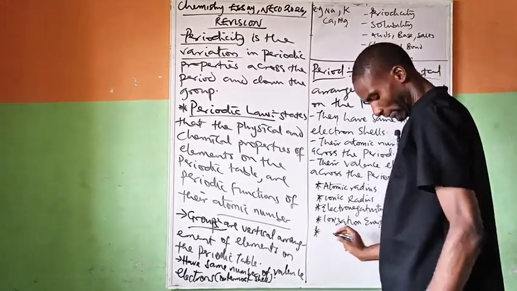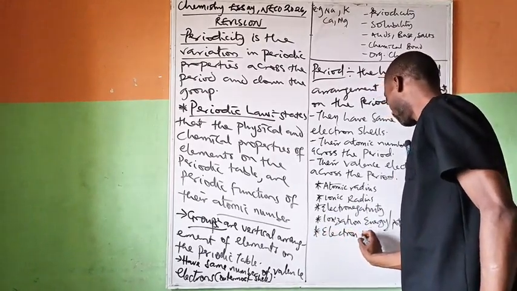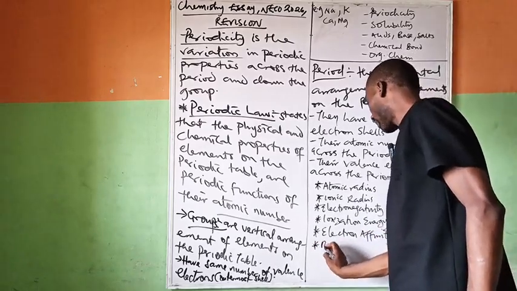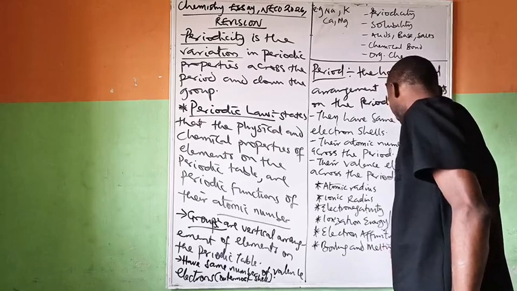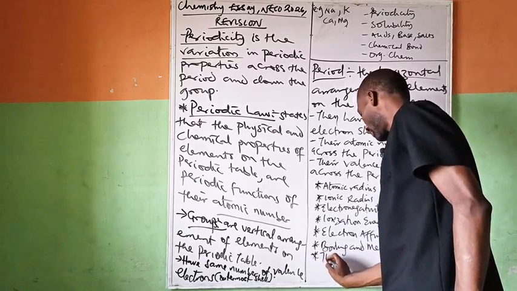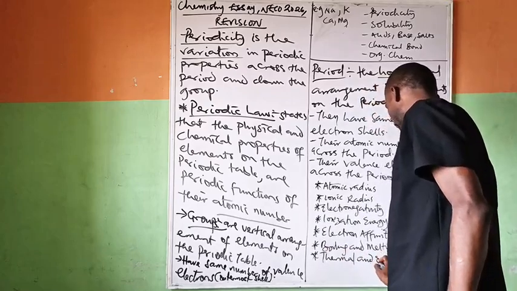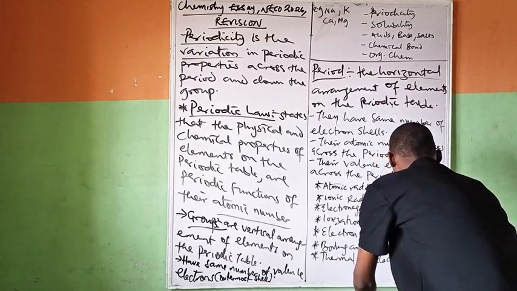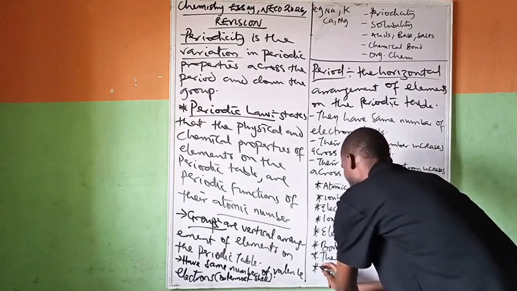We have electron affinity. We have boiling and melting point. Then we have thermal and electrical conductivity. And of course we have electropositivity.